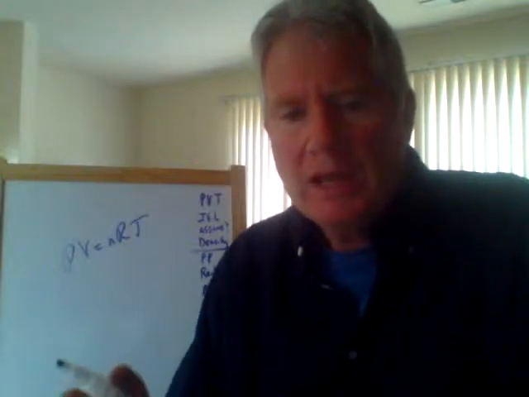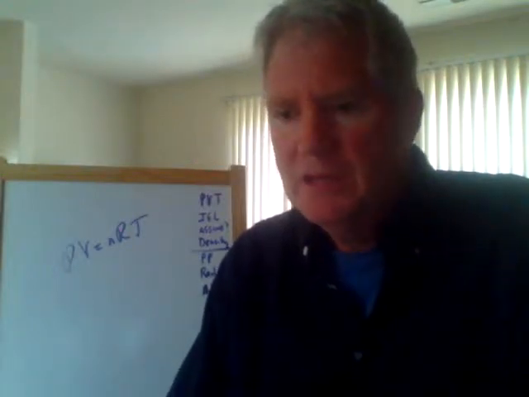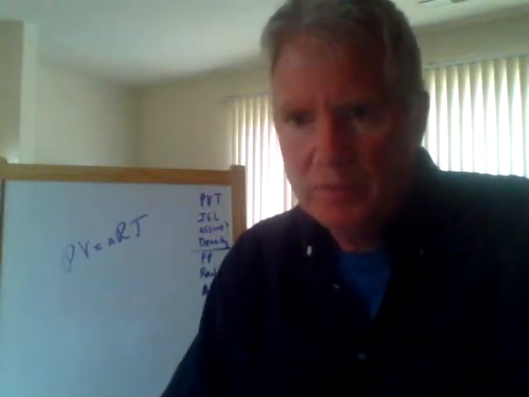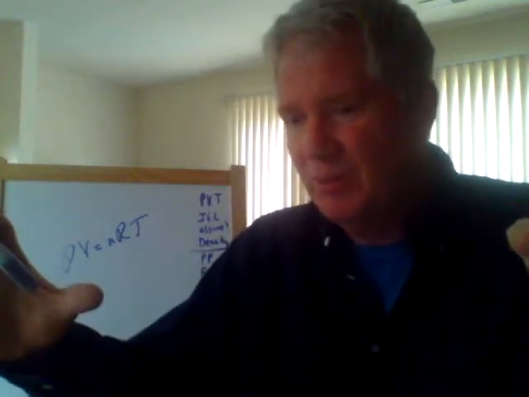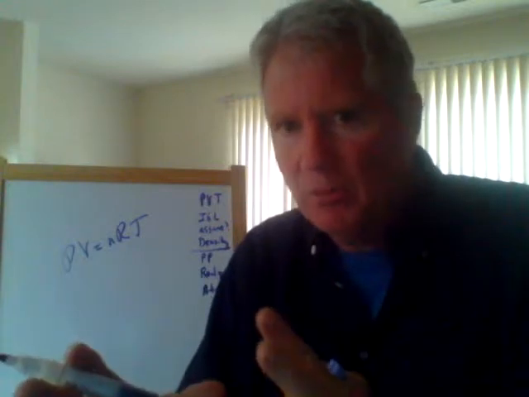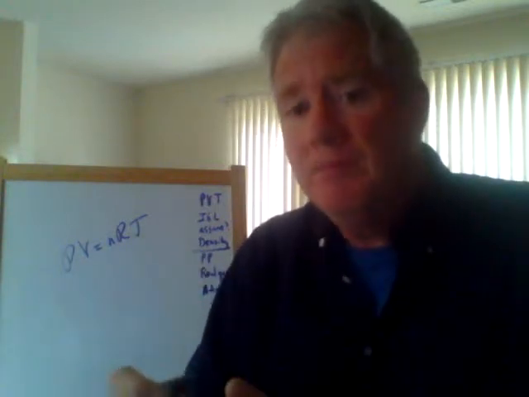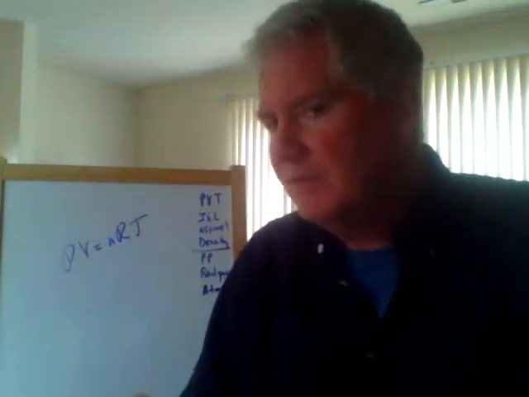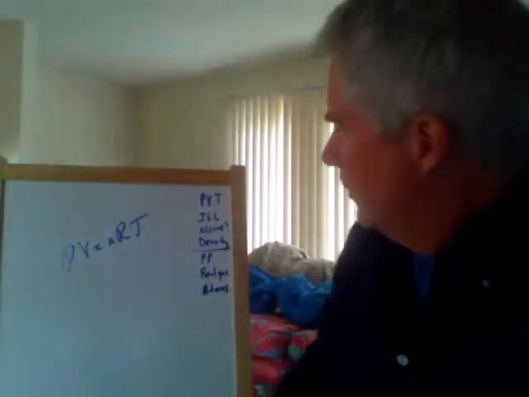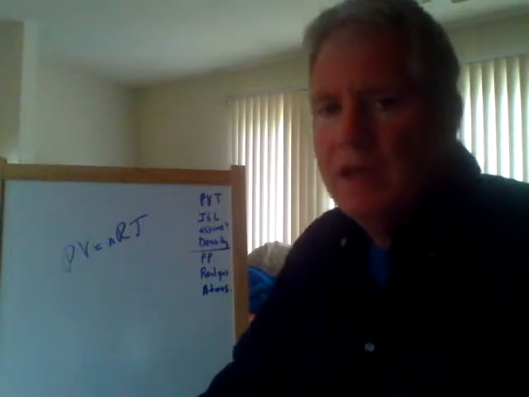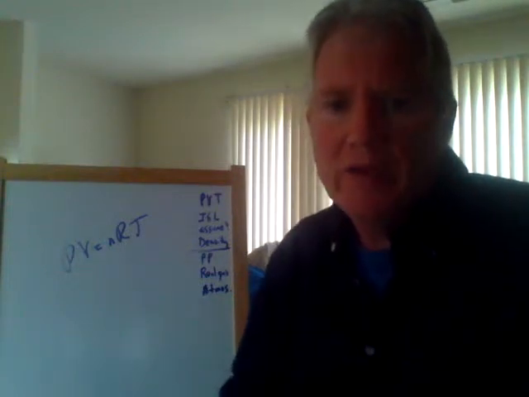So I want to talk just a second about real gases, to illustrate the point that in science a lot of times we start with something simple, but when we get into it a little bit deeper, we have to turn the equation into something that's not as simple anymore to account for reality. There are two big problems with the assumptions of the ideal gas law.